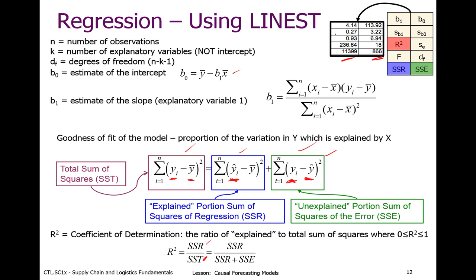We give that to you right here in the cell as well, or you could calculate it. It would just be 11399 divided by the sum of 11399 plus 866. You can check it. It'll come out to be 0.93. So what is it saying? It's saying that this regression is explaining 93% of the total variability in Y, in that daily demand.